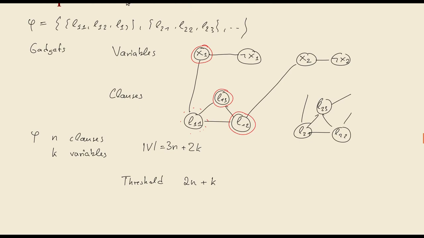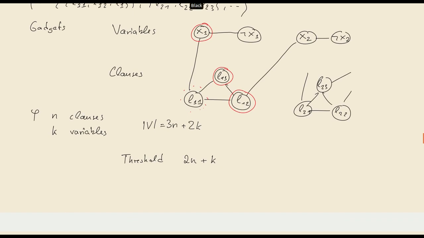So this is fine. That gives us a nice reduction. The graph with this threshold, say k prime, is a yes instance if and only if phi is satisfiable. So this is the well-known poly-time reduction from 3-SAT to vertex cover.